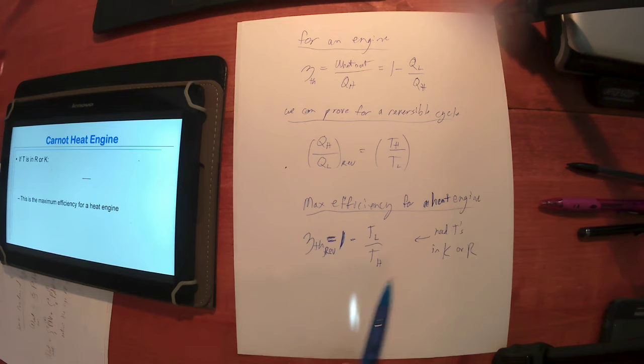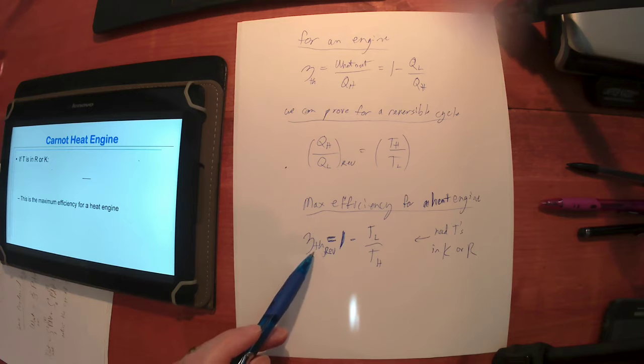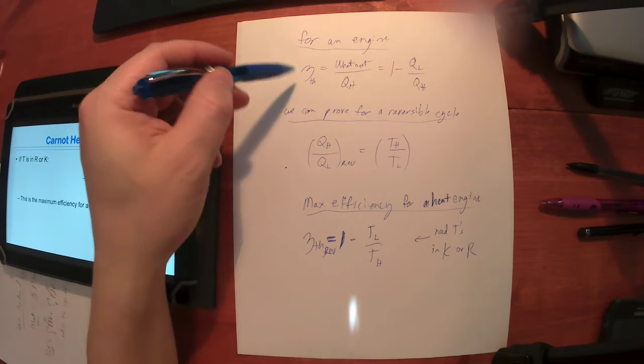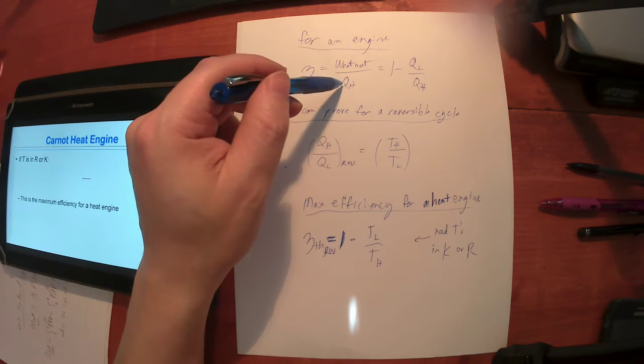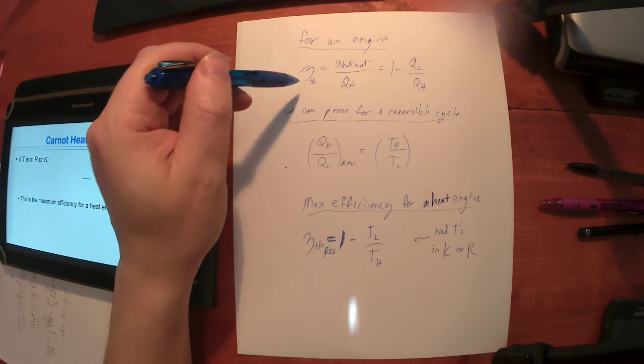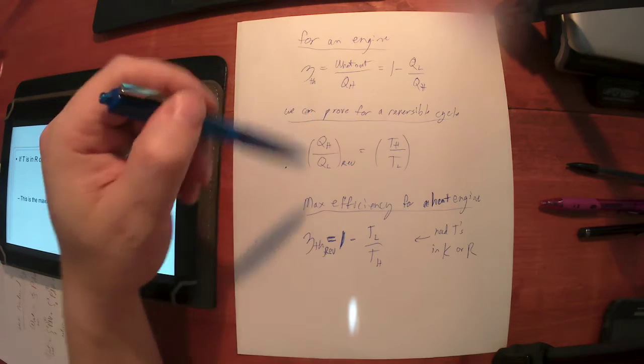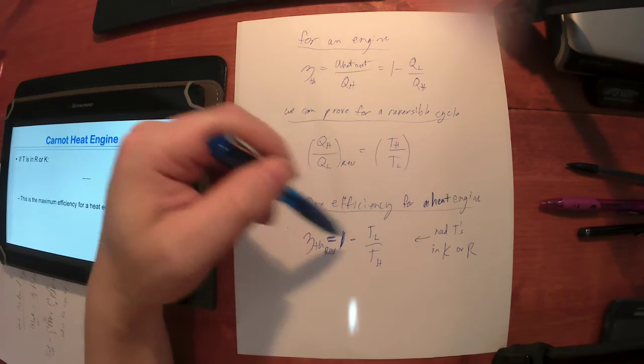Now this is the maximum efficiency. Every device we construct is going to be less efficient. It's not going to reach this maximum value. But this does set the limit as to how good an engine can actually be. The efficiency of an engine is always the thermal efficiency, how good it is at converting heat into work. That's always what this quantity represents. But here we're saying this is the maximum.